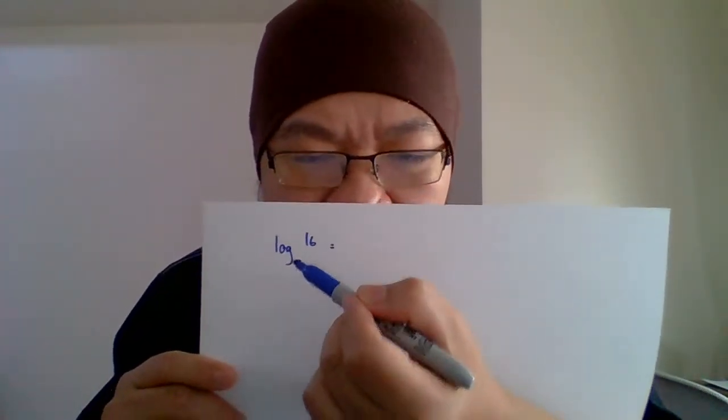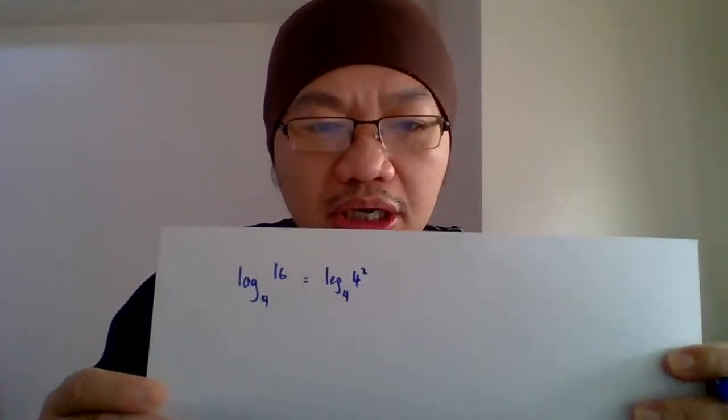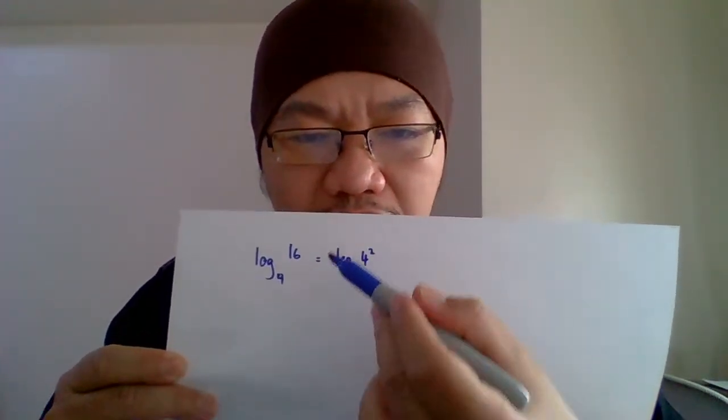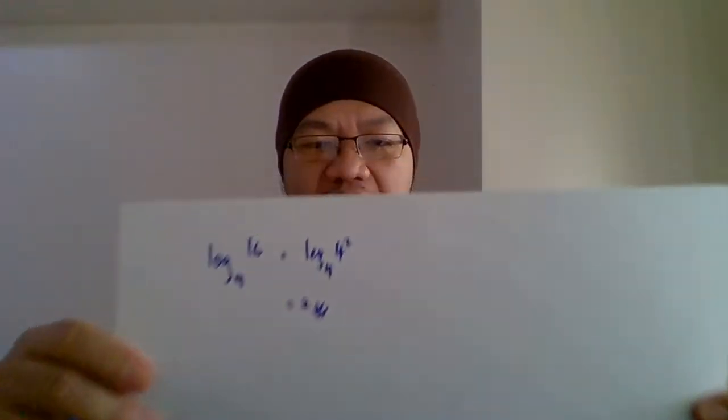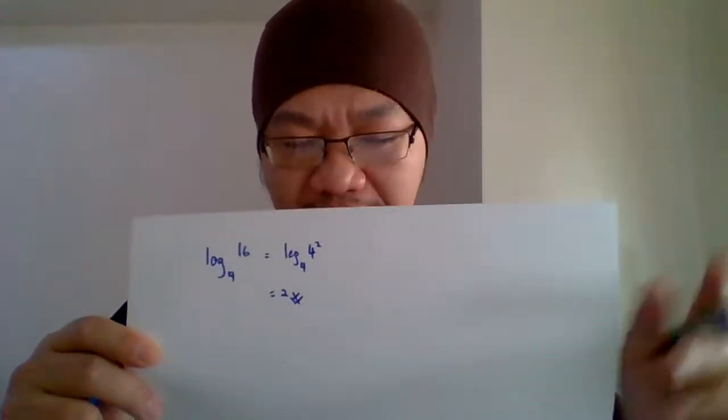We know that 16 is 4 squared. So the first step, you change your 16 to become 4 power 2. Next, we bring down the power 2 to the front and it becomes 2 times 1, which is the final answer, equals 2. Refresh, that's number 1.